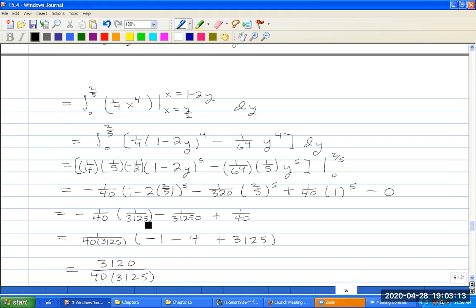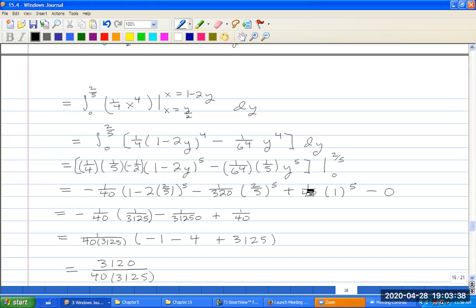5 to the 5th is 3125. 2 to the 5th is 32. 320 divided by 32 is 10. 5 to the 5th is 3125 times 10 is 31,250.